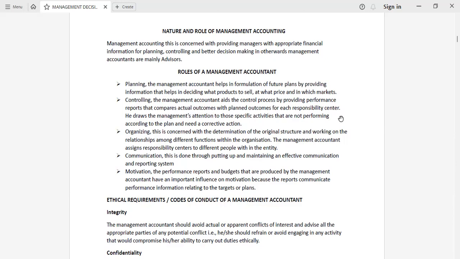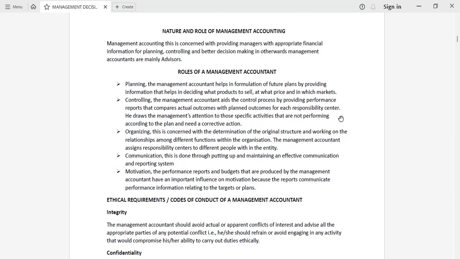Because what happens in these organizations, say it is a group company with a head office but different branches in different countries. MTN Group, for example, has its head office in South Africa, but we have MTN Uganda, MTN Rwanda, and all that.